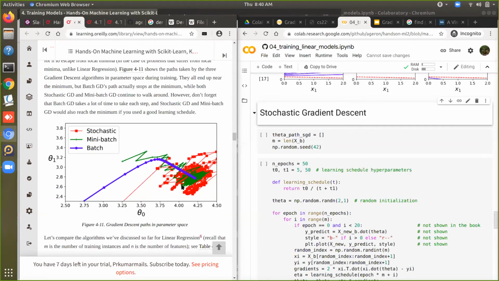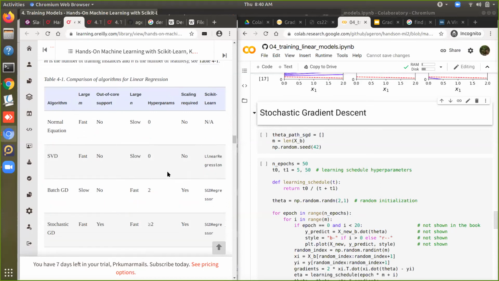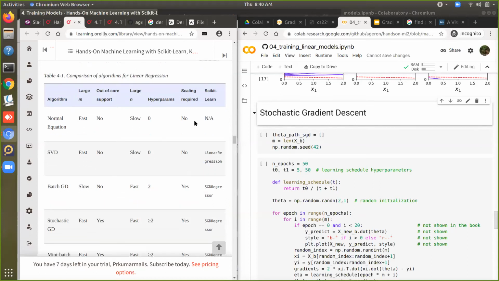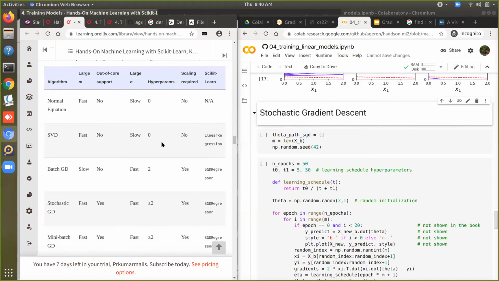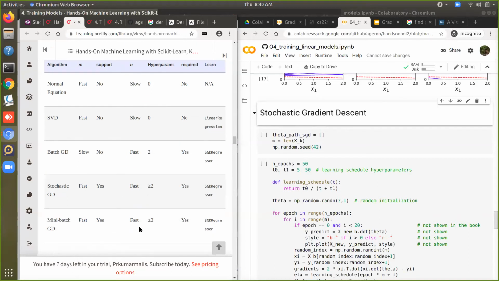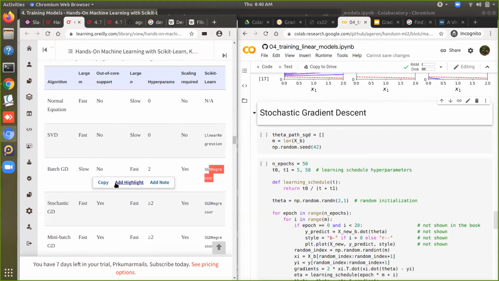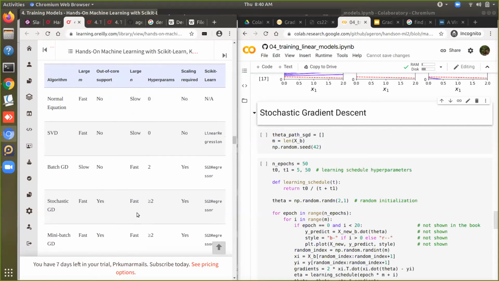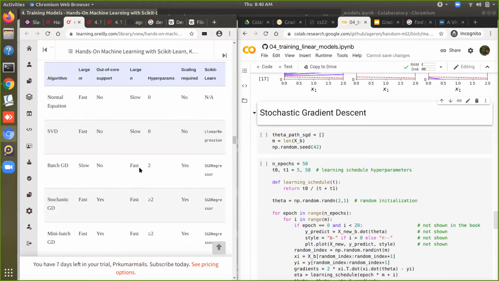And there is some comparison among the hyperparameters, scaling required, linear regression, and stochastic gradient descent, where m is the number of examples and n is the number of theta parameters. So if the theta vector is increasing, what happens? He has done some exhaustive study on that and put it together for us.